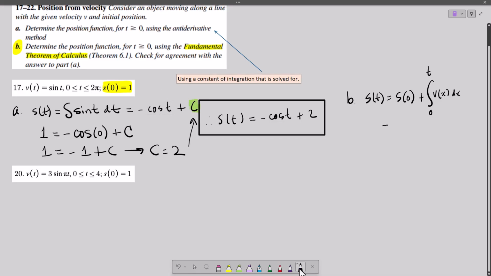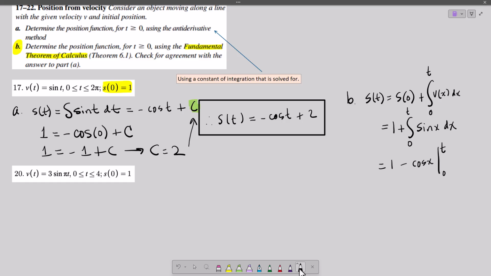So we're going to start with 1 plus integral 0 to t v of x. So we're just going to write this as sine of x instead of sine of t. Just going to change it because we can't have a t in both the limit of integration and as the integration variable. We integrate. I guess we can just put a minus there because the integral of sine is negative cosine of x. And then we integrate from 0 to t.